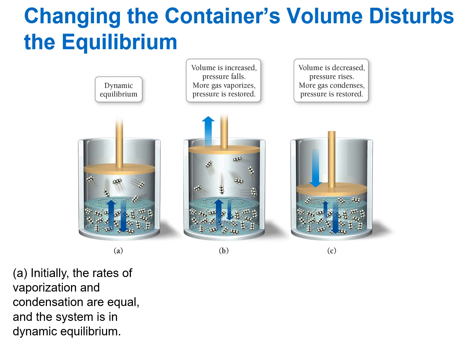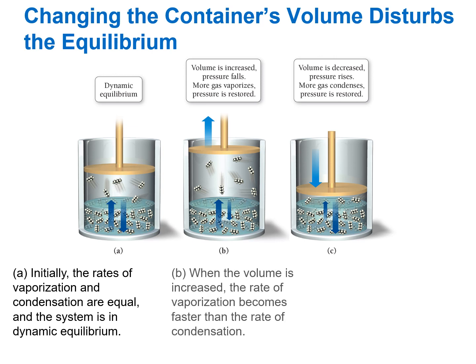When we do that, the volume increases, and because there's an inverse relationship between volume and pressure, when volume increases, pressure decreases. That means that more gas is going to move into the vapor state, and in fact, it will move into the vapor state until the pressure of the system is restored.